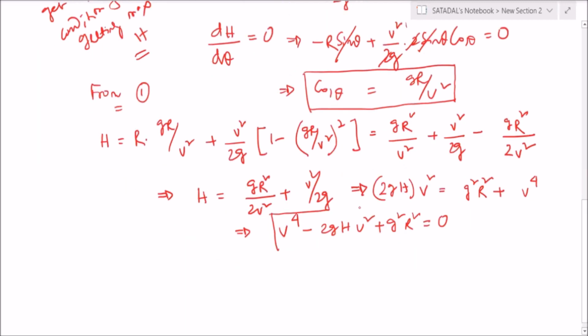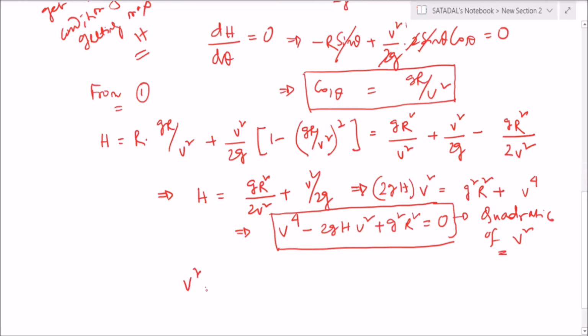This is a quadratic of v square. So from there, v square equals minus b, in the sense 2gH, plus minus root of b square, means 2gH whole square minus 4ac, that is 4g square r square, divided by 2. Is that okay? Cancel the 2 factor and take the positive sign.